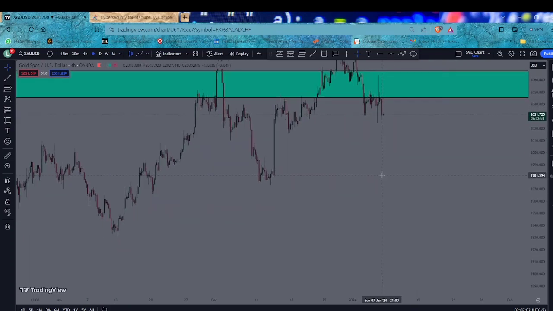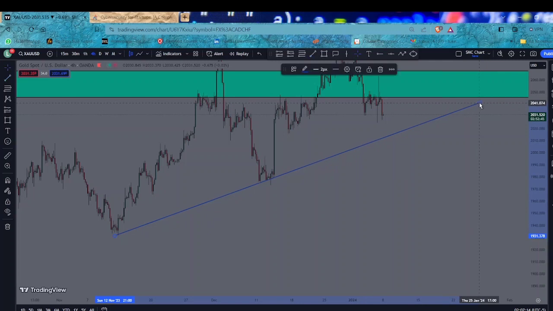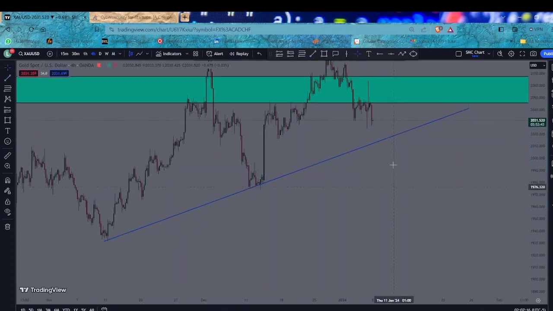So now what I'm gonna do, I'm still not gonna enter this trade right now. What I'm gonna do is I'm gonna put a trend line right here. And what we are gonna wait for is a break of trend line, maybe something like this.